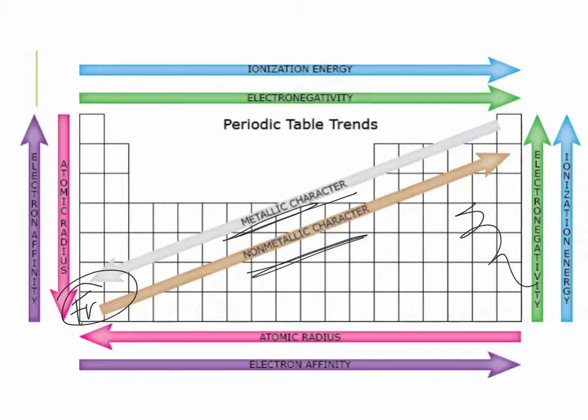And if you think about it, we talked about how metals lose electrons, and the element with the lowest ionization energy, or the easiest to lose its electron, is francium. On the flip side, over here, we would have our most non-metallic, which would be fluorine, and that's because it gains electrons very, very easily. It has the highest electronegativity. So this all goes together.